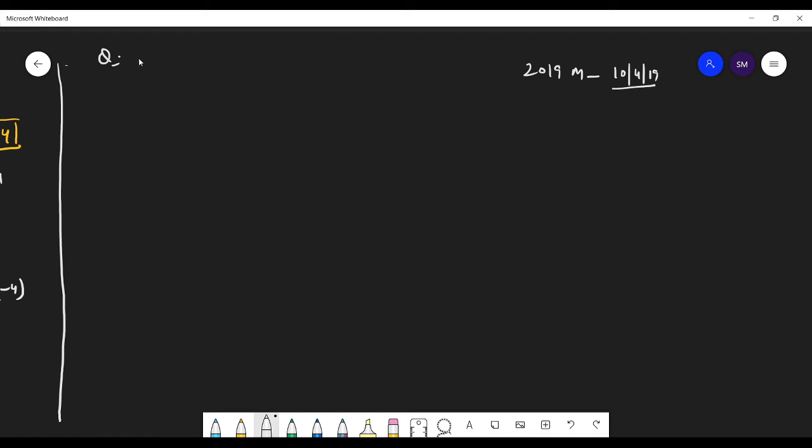The question is that you have the terms A1, A2, A3 and so on up to A30. It's an AP, and you are given the sum from i equals 1 to 30 of Ai, which equals S.